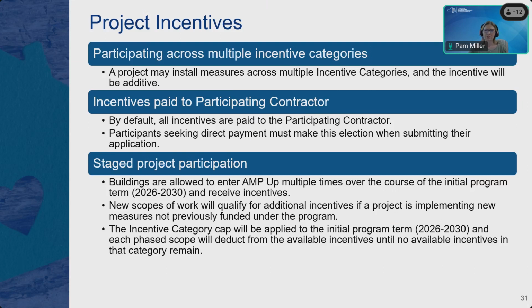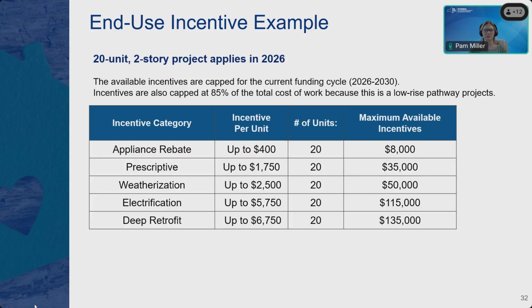Let's go over an example to help you understand how these incentive cost caps work, because I know that's a little bit difficult to see on paper. For this example, we're going to use a 20-unit, two-story project that applied to the program in 2026. So you're looking at the maximum available incentives, which are set by the incentive cap. We have a total of $8,000 available for appliances, so that's $400 per unit times 20 units.